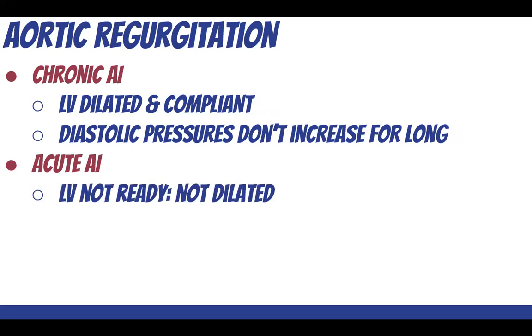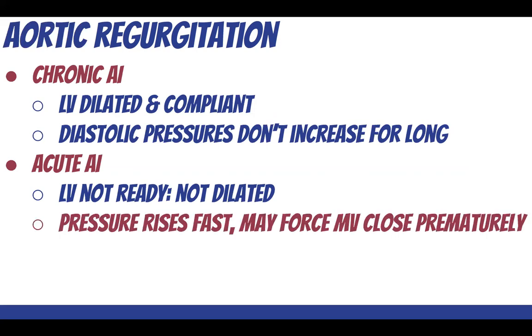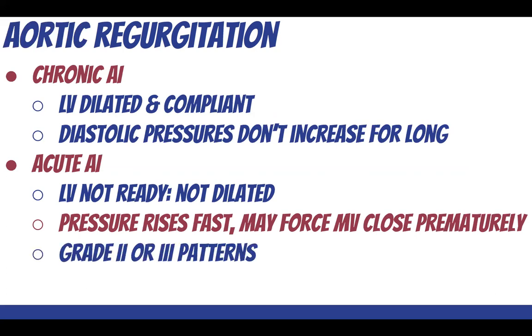The LV is not ready and it's not dilated, so pressure rises very fast, so fast that it may even force the mitral valve to close prematurely. These patients usually have grade 2 or 3 patterns right away, so you should look for diastolic dysfunction in patients with acute aortic regurgitation. And this is it.